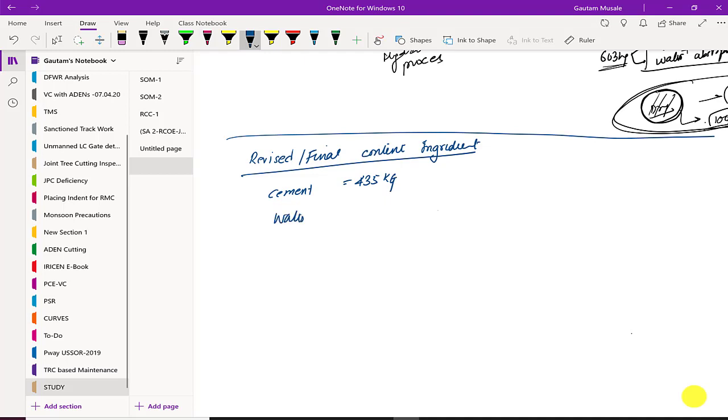Water, yes, which is 160 plus 46 liters, that is 206 liters of water I will have to add, in which, as I've already told you, 160 is for my hydration and 46 is so that I bring my aggregates from a dry state to an SSD state. Admixture, as I already told you, will be 1.25% of Sikaplast. Water to cement ratio will be the same, 0.368.